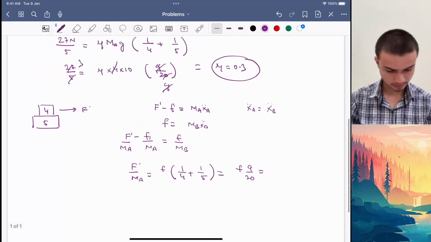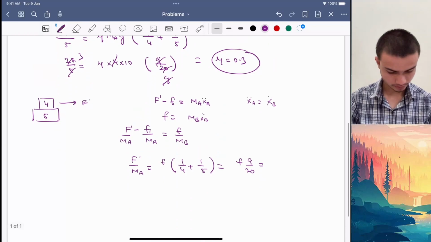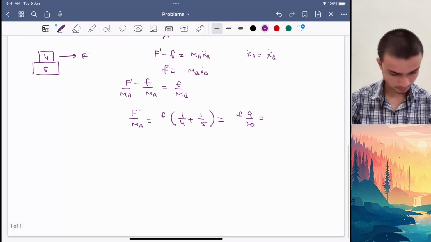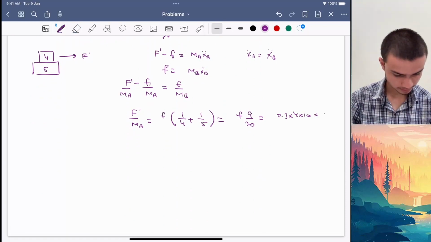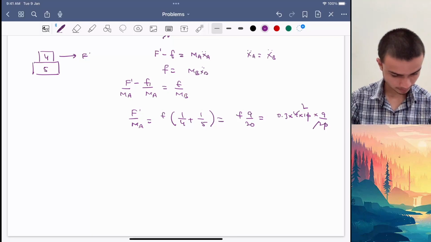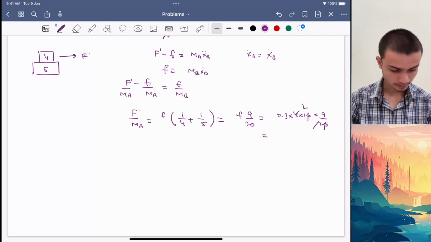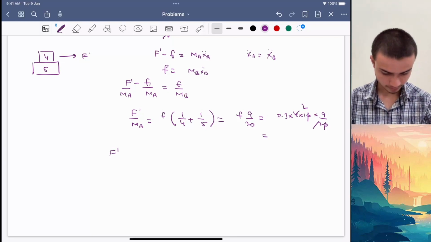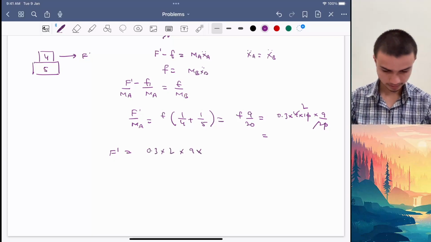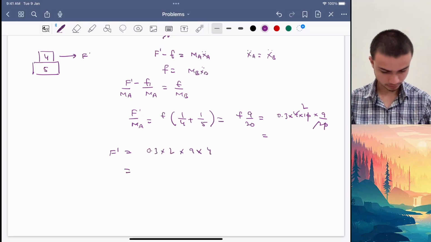And your friction force is just 0.3 times 4 times 10, so F bar will be 0.3 times 2 times 9 multiplied by this 4.